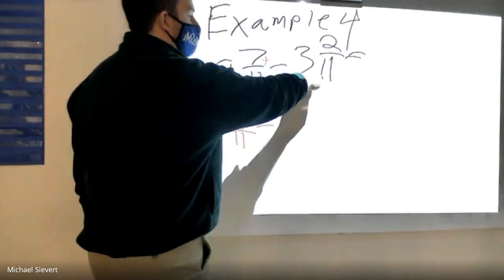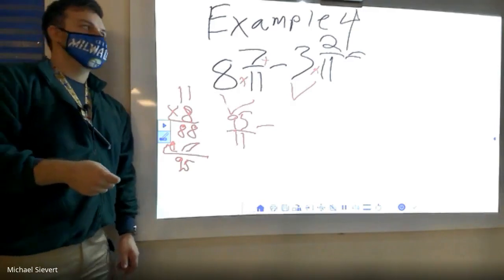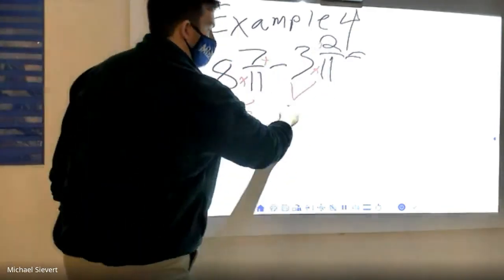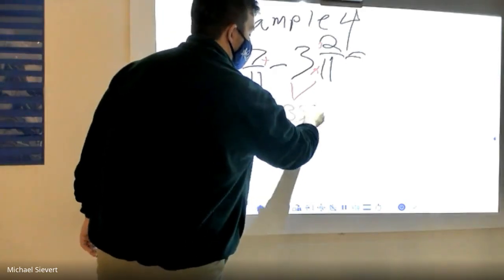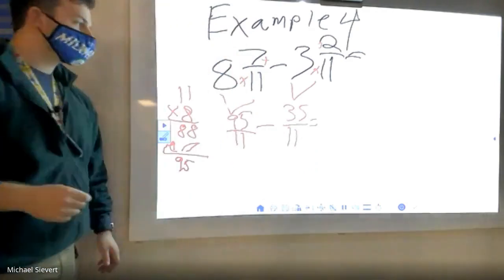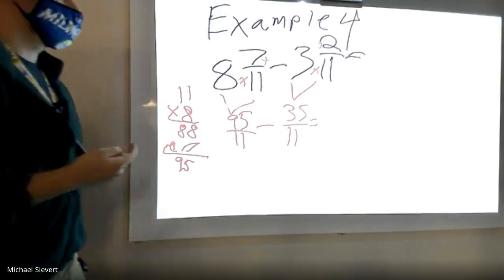Remember, you've got to take 3 times 11, which is 33, plus 2, which is 35, over 11. What's your improper fraction, what is it? 95 minus 35 is? Josiah? 60.